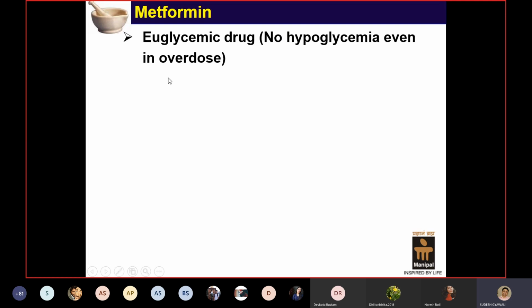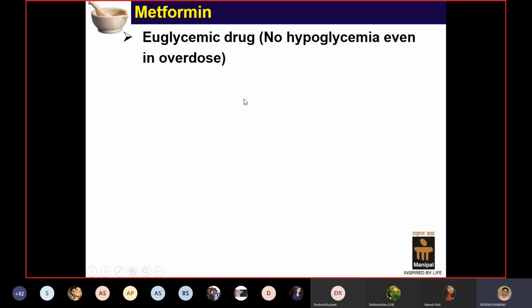Okay, metformin generally we can give up to 2 gram per day in a person without much side effect. We say 2 gram is the tolerated dose of metformin. Even more than 2 gram, or even 3-4 gram, you won't get hypoglycemia.